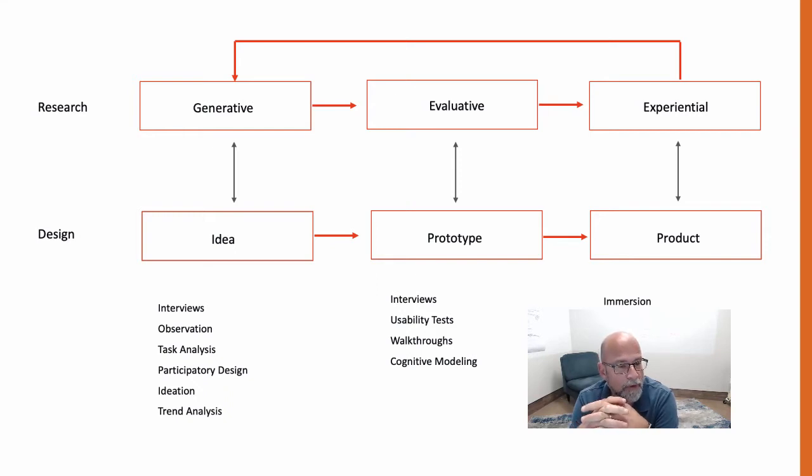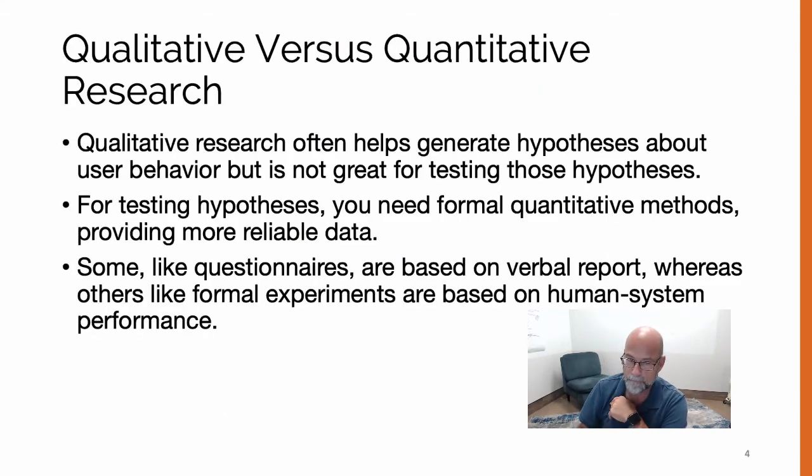Then, once you have a prototype, evaluative research happens when you want to evaluate it and improve it over time. And what I call experiential research happens once the product is already released into the market and people are using it. You can learn an awful lot from people after they've been using it for a period of time.